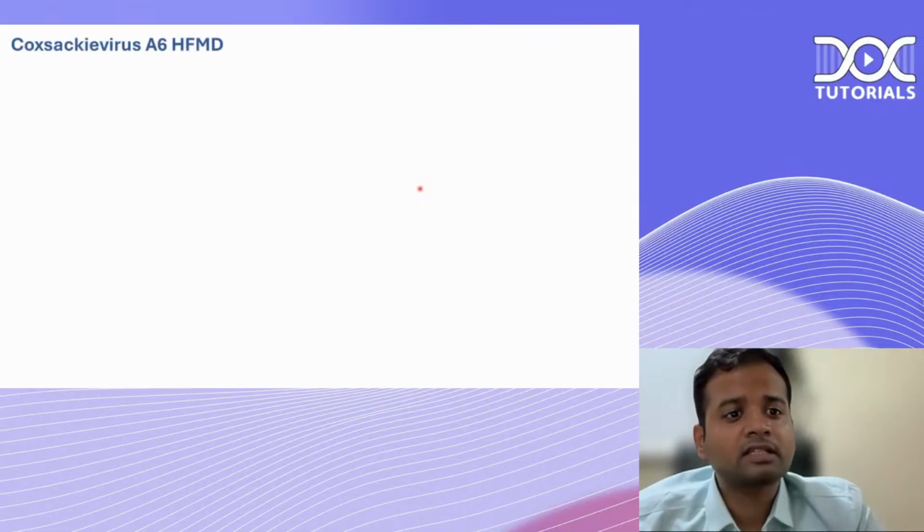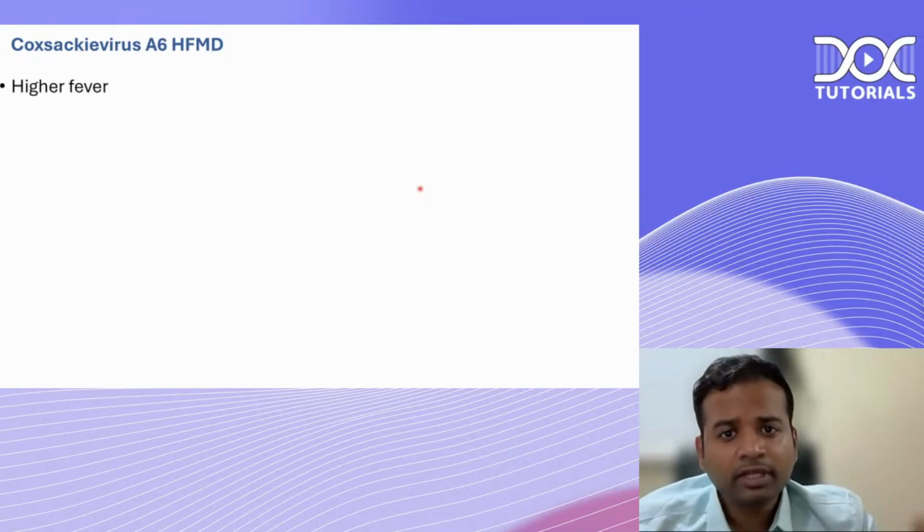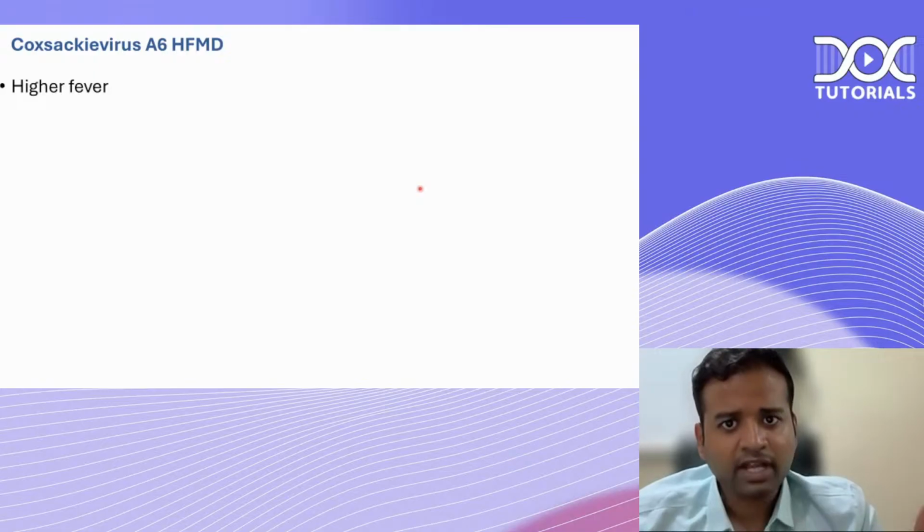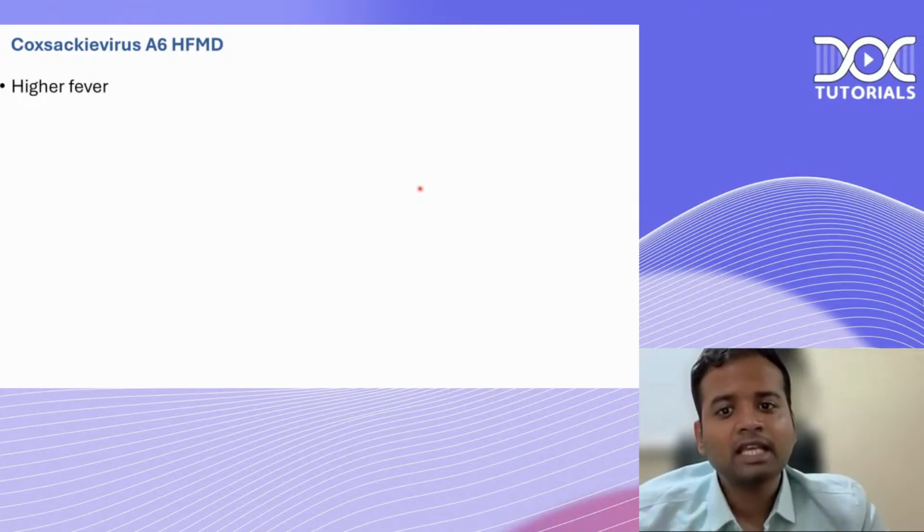And another virus, Coxsackie A6, is also another enterovirus which can cause HFMD. So it presents as an atypical HFMD. Generally fever will be less than 101 degrees Fahrenheit as we discussed, but A6 serotype causes high fever.